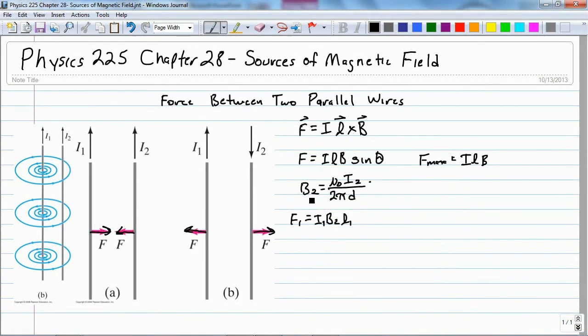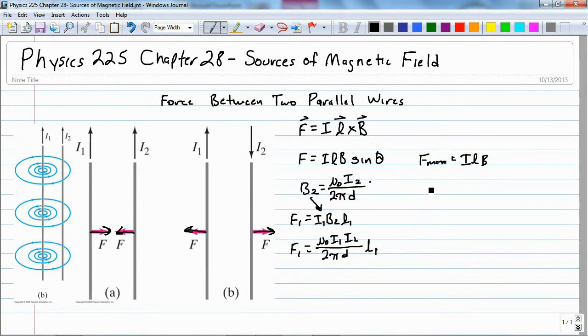And if we put in our B2, we get force on wire 1 is equal to mu naught I1 I2 over 2 pi times the distance between the wires, and then we're going to multiply that times the length L1.